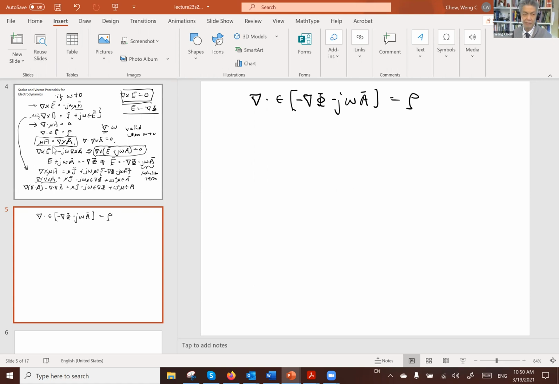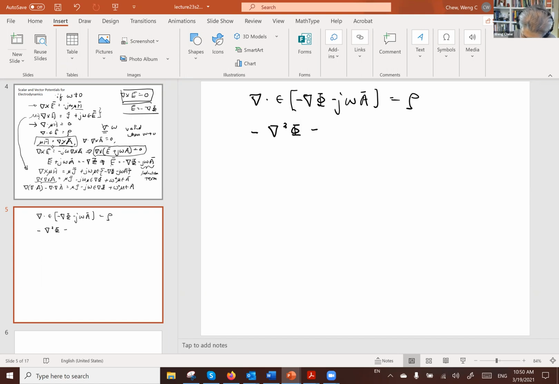And let's assume that epsilon is a constant again, so that we can take epsilon outside and take it to the right-hand side if we want to. The divergence of the gradient gives me the Laplacian.